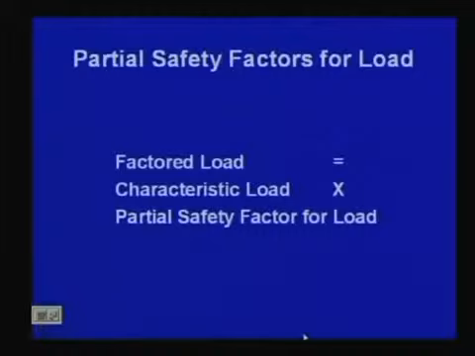The partial safety factors for load. So factored load: we do not only check the load you are getting. In limit state design, we multiply that load by a certain factor, which gives you the factored load or the design load.